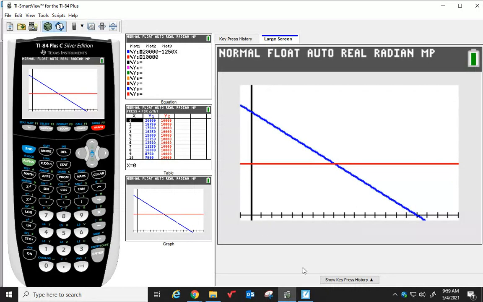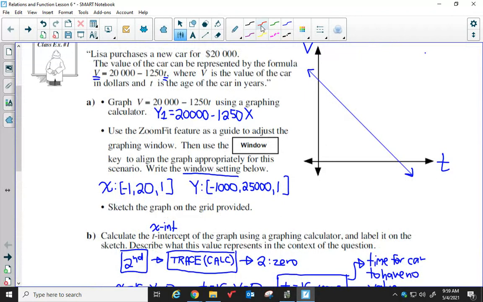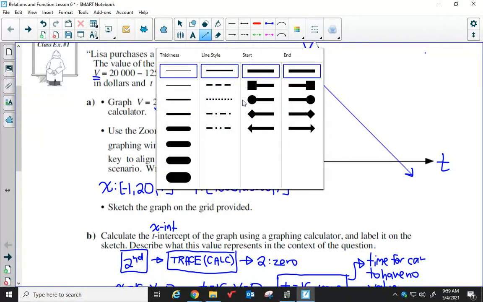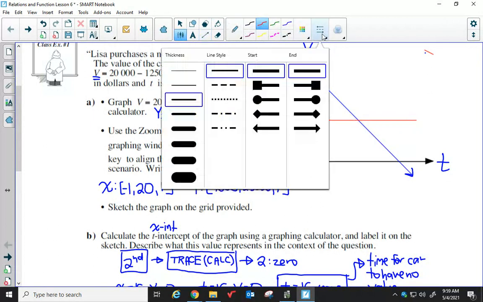Okay, now it does want us to sketch this on the graph, so let's quickly go back to my graph and do this. We'll just do a red line. Okay, red line, half the value would be about right here. So the line just looks like this, and then we can just put the arrows on the end of it as well.